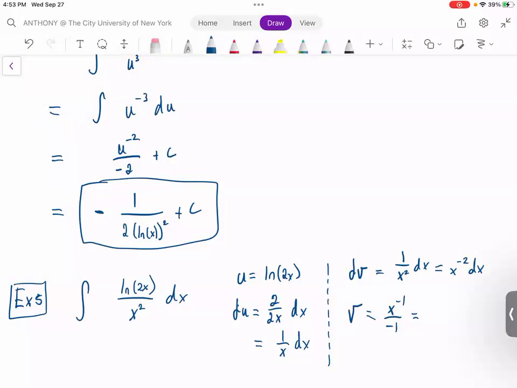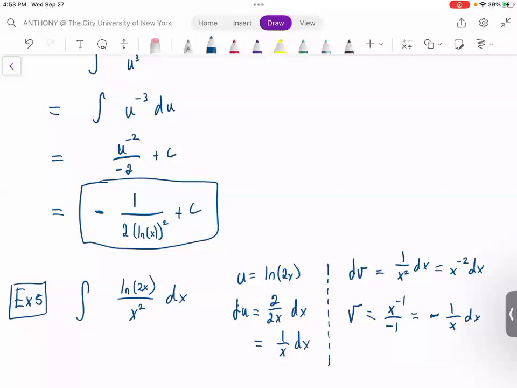But since it's a negative, I'm just going to pull the negative out. Now, in particular, x to the negative 1 was located where? It was located in the numerator, so I can bring it back down into the denominator. So our v is negative 1 over x.